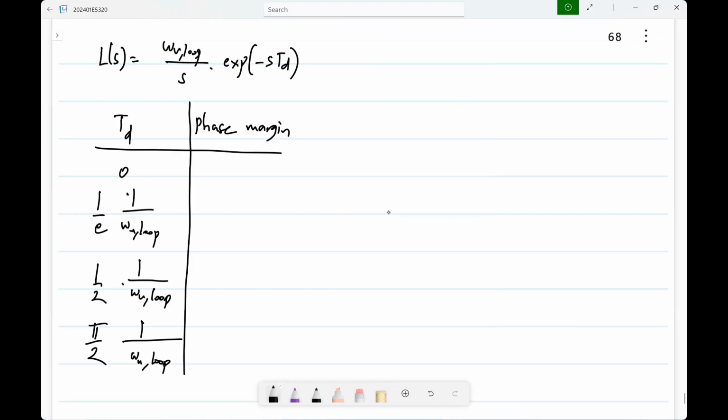And then what is the angle of this function?